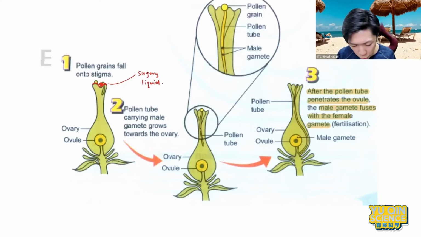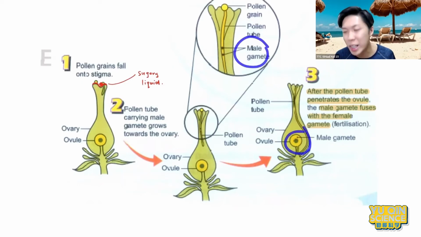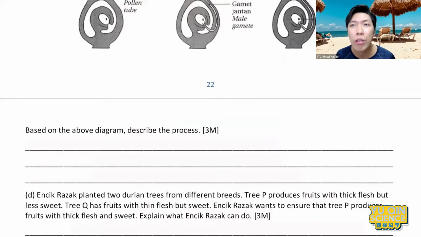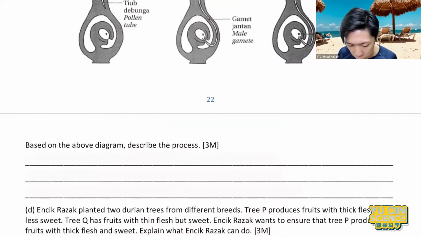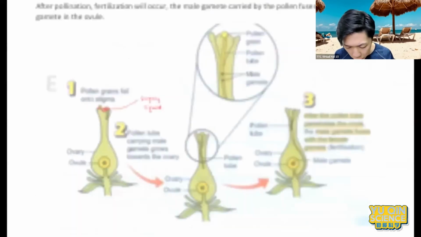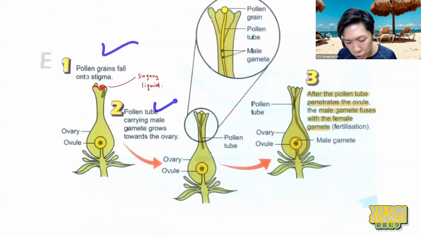The pollen tube will grow down towards the ovary and send two male gametes to fertilize. So that's the whole sequence. I think it's 3 marks, I bet. So you have to explain the whole process. Actually your textbook has the best answer already, 1, 2, 3.